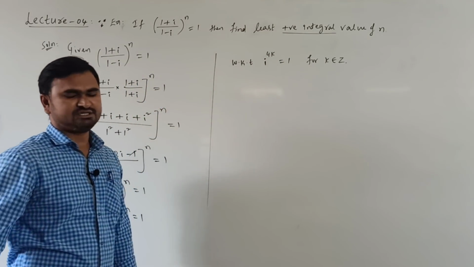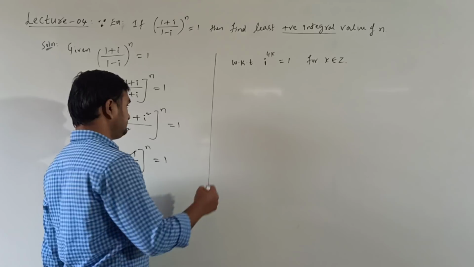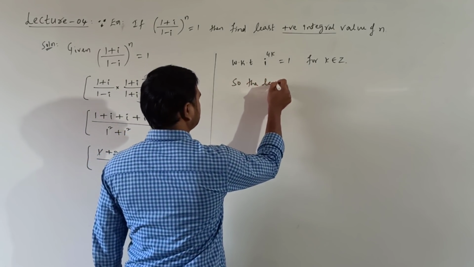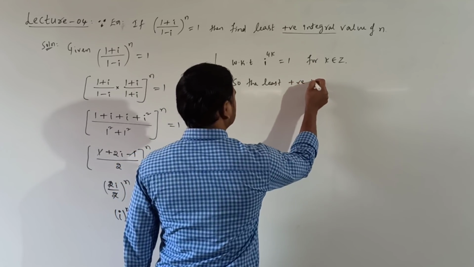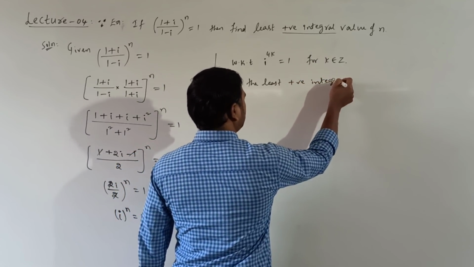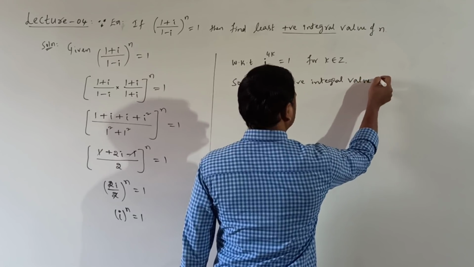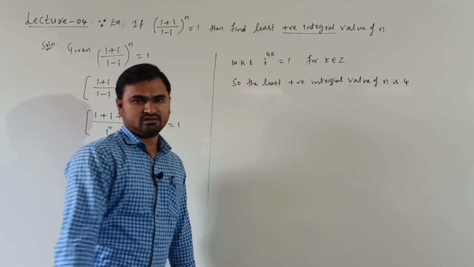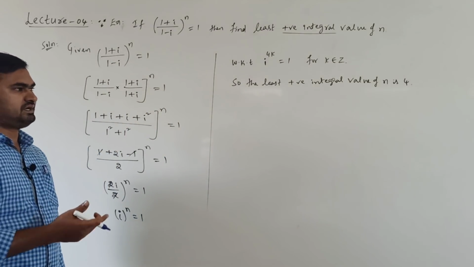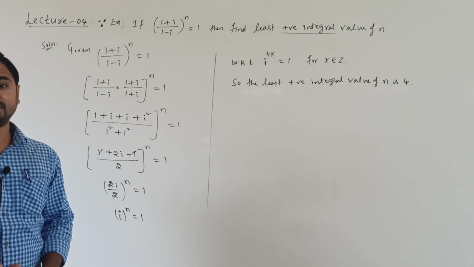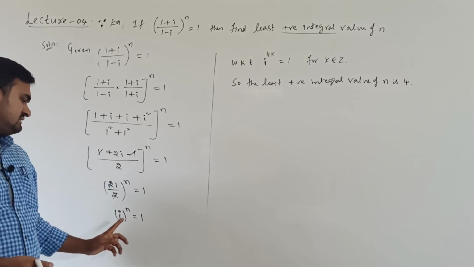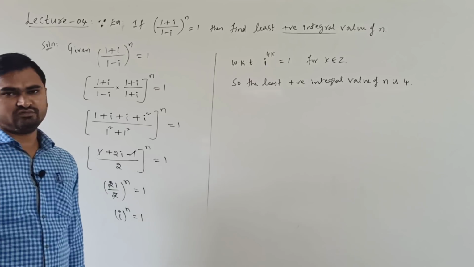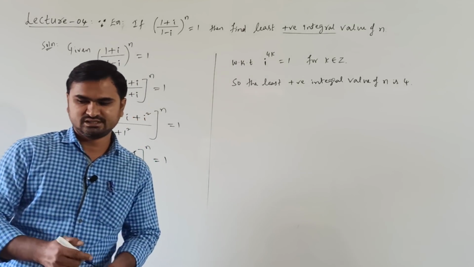So to get the least positive integral value of n, the least positive integral value of n is 4. Not only 4, you can take 8, 12, 16, 20 and so on. For all those values, i power n will be 1 only. So out of all that, the least value will be 4. Understand?